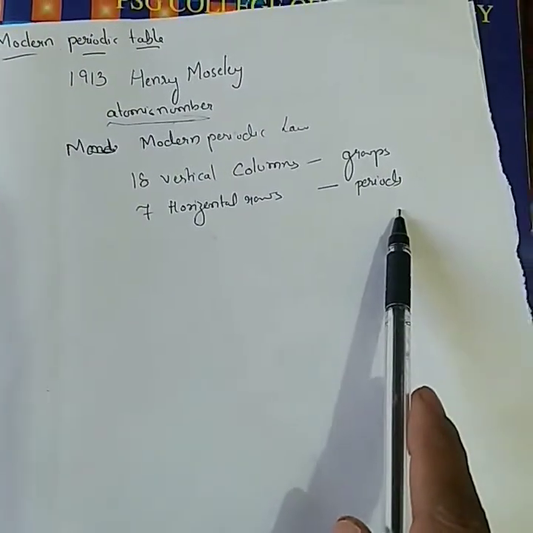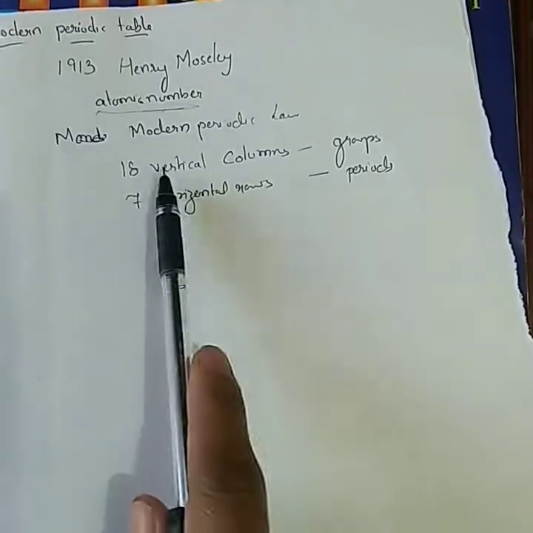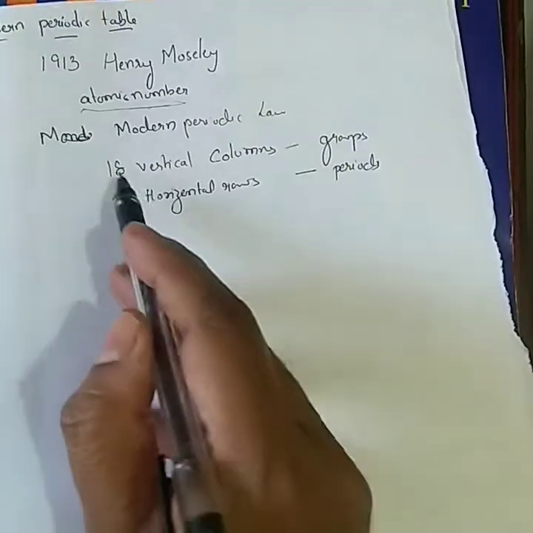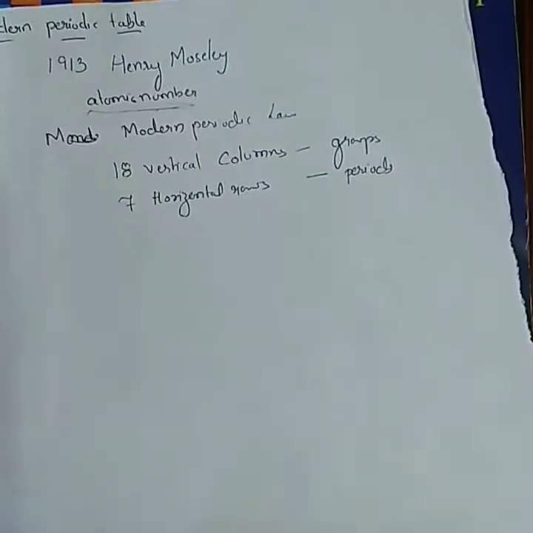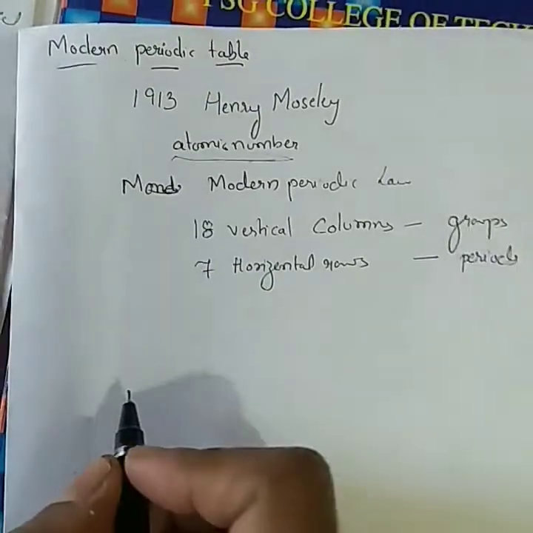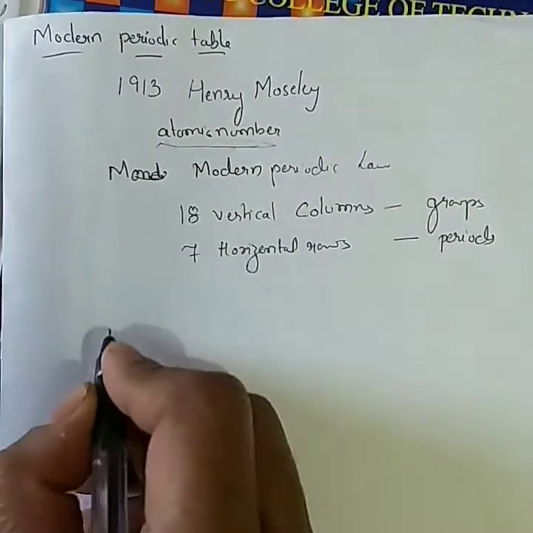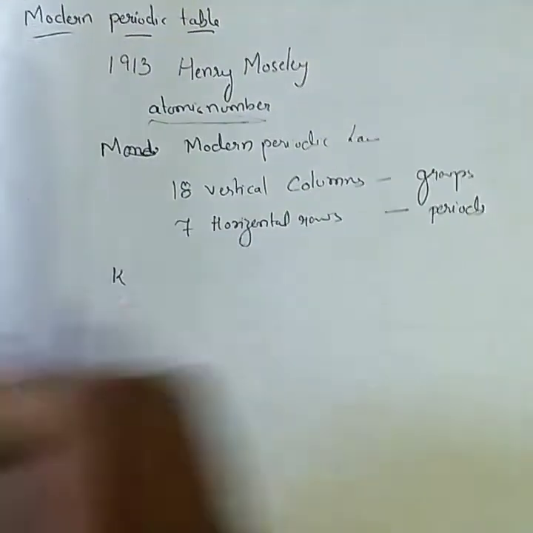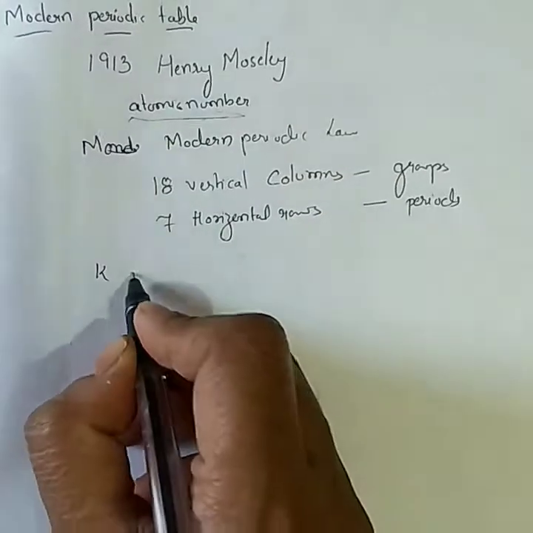So how do we find the group and period of an element in the modern periodic table? For example, take potassium, whose atomic number is 19.